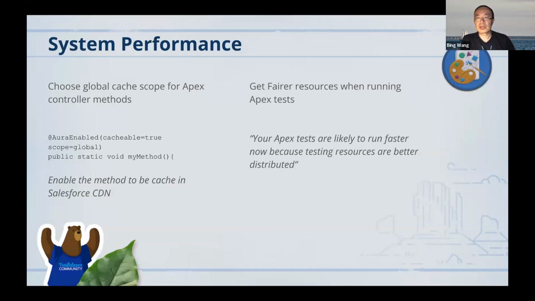So now they're likely to run faster because it's better distributed. It did not say anything at all about why it's more fair and how the mechanism works. So you just kind of have to take their word for it. Hopefully that is the case.